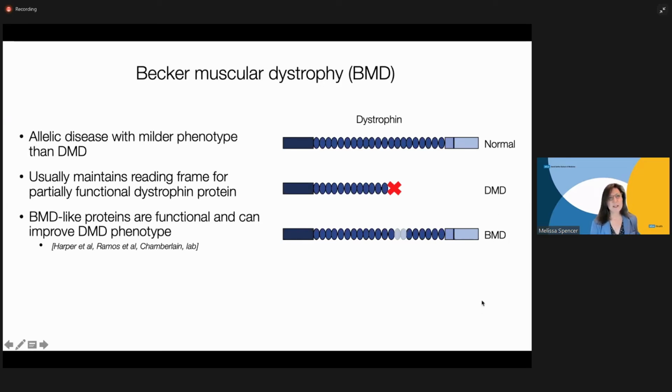These Becker patients have a much milder phenotype than in Duchenne, and it's believed that it's because this rod domain is somewhat indispensable. So you can take out regions of the rod domain and still have some functionality.